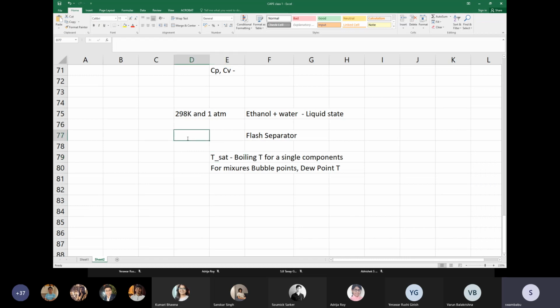Since at 1 atmosphere neither ethanol nor water bubbles, from the flash separator the liquid flow rate will be equal to the feed mass. Vapor will be zero.